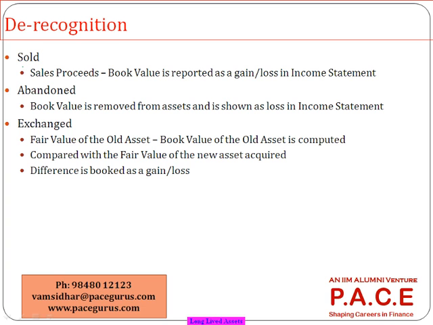That is what we call abandonment. Or I may exchange it for a better asset. All three are possible. In those three cases, we call it derecognition. When I am selling off the asset, I know what the book value is till today.